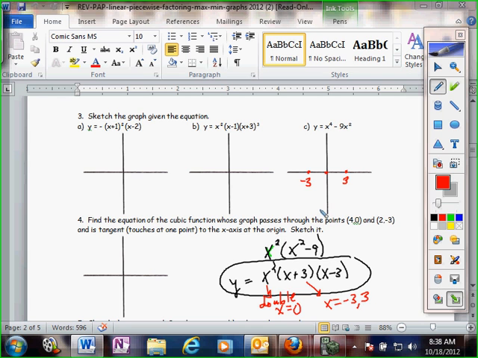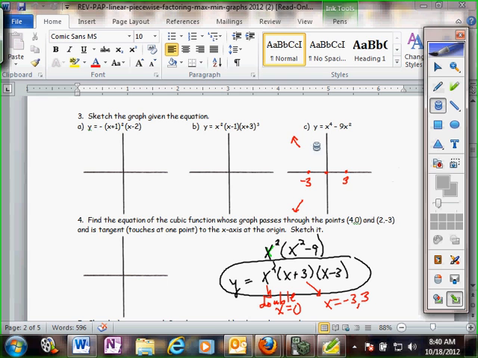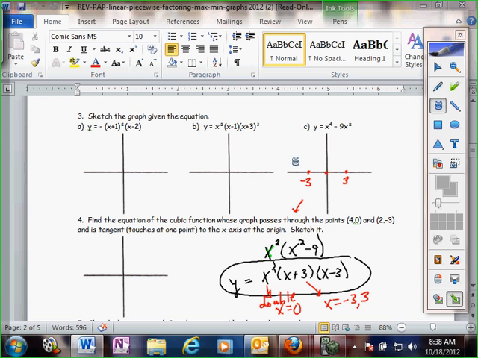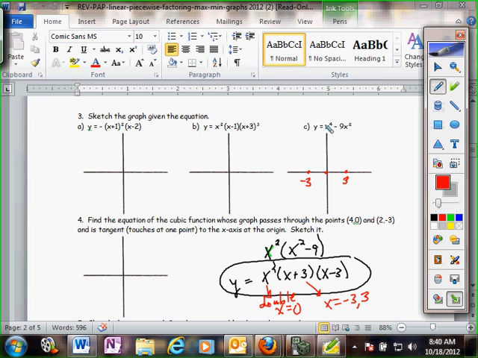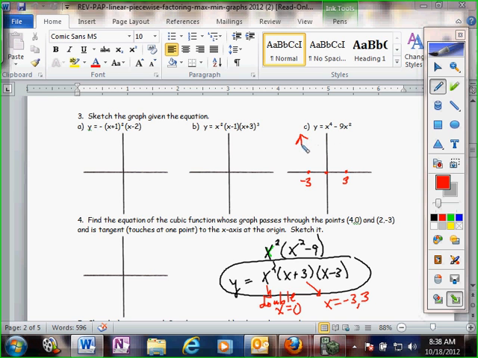Then when I go to my end behavior, because I have to know, am I going to rise from the left or am I going to fall from the left? I have to know where I start. And so I go to my note card 28, end behavior, and it has a little chart where it tells you the highest power, 4, is even. It's positive out front. And if I look at that, it tells me on that note card that it falls from the left. So I start here.